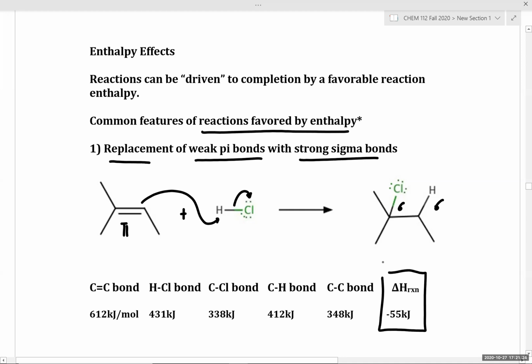If you calculate the reaction enthalpy for this addition reaction, you will notice that this reaction is exothermic.